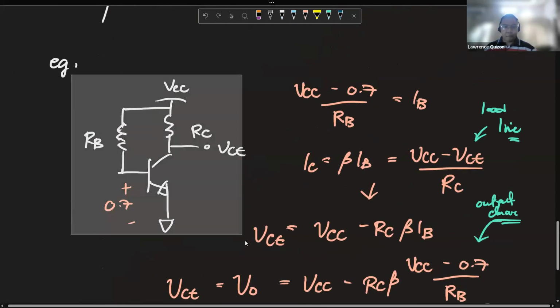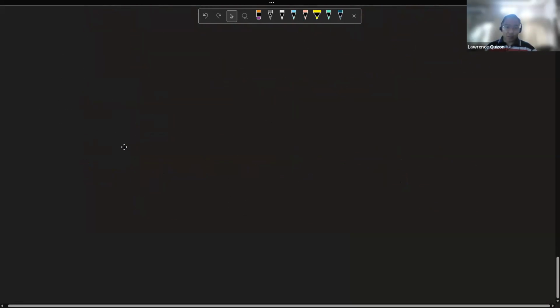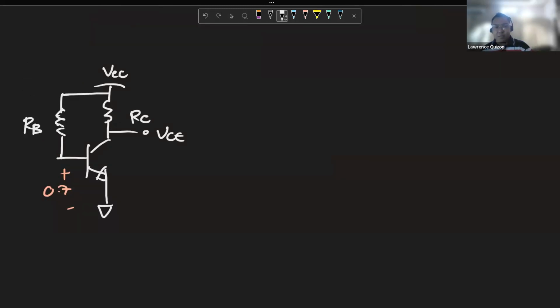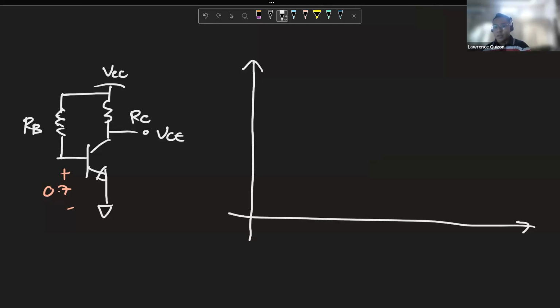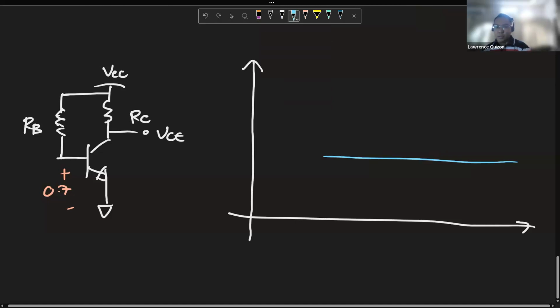Well, we're not actually changing it, we're deciding on the values. But let's analyze the effects of changes in the values on the circuit itself. So we had the load line analysis earlier. We have these.